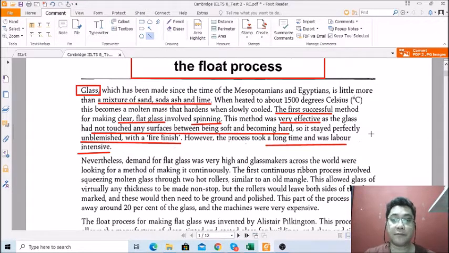The purpose of the writing of this paragraph, and the answer is surely to give information about the spinning method, which is very effective, but then it's very lengthy and also labor intensive, and that's exactly something that is not very good, but also there is a positive and a negativity. So whenever you need information about the first method, the glass, or everything about the process that people understood, we refer to the first paragraph.